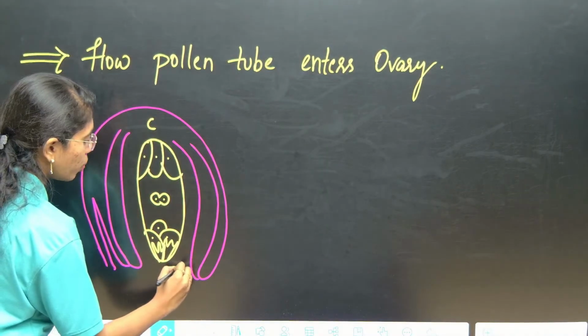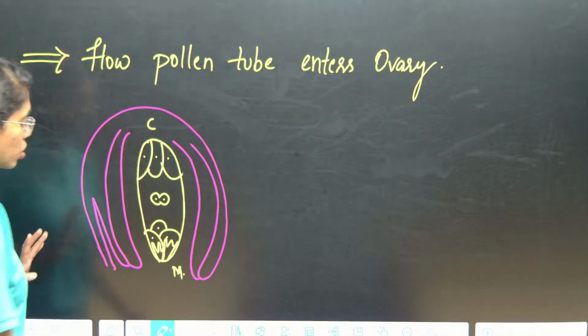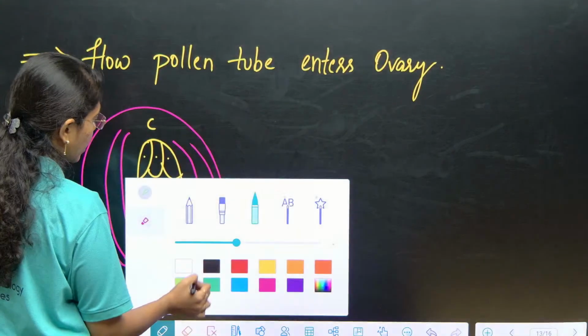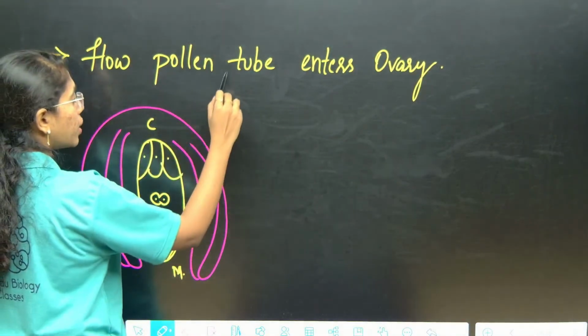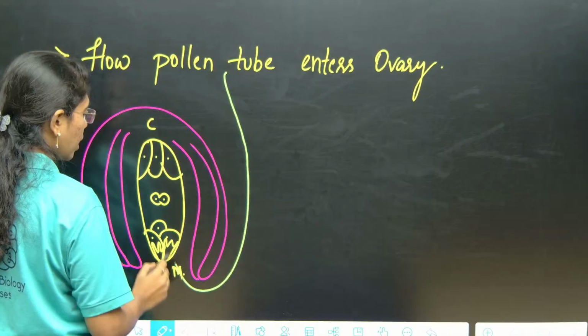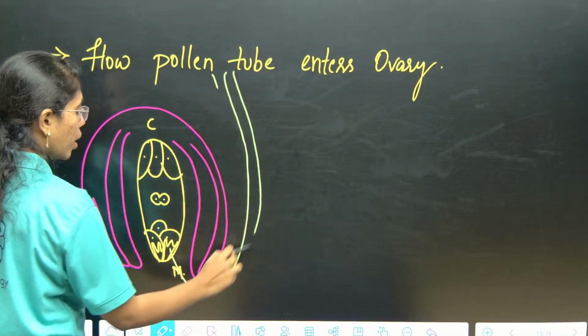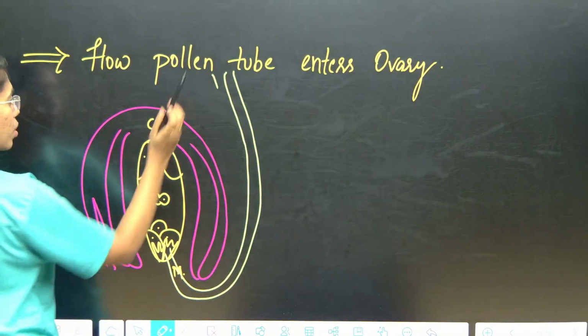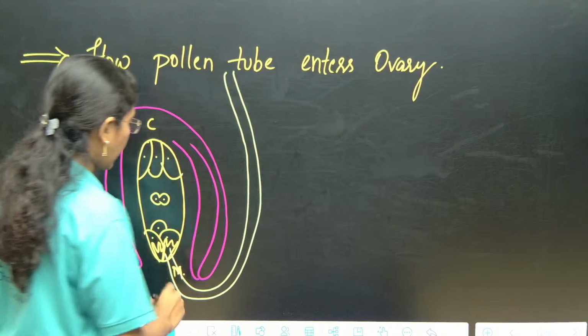This is the micropylar region. Micropyle and chalaza. So, here we go with a standard keynote: most of the time, the pollen tube will come from where? The micropylar region only. The pollen tube enters the embryo sac or the ovule at the micropylar region.